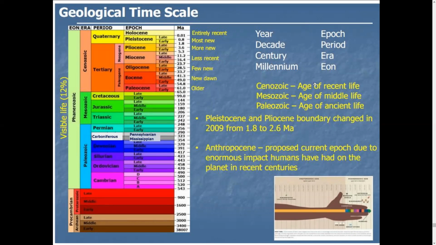Now, a millennium can be subdivided into centuries. A century can be subdivided into several decades. A decade can be subdivided into several years. The same applies here. For example, we have an eon, which we can subdivide into several eras.